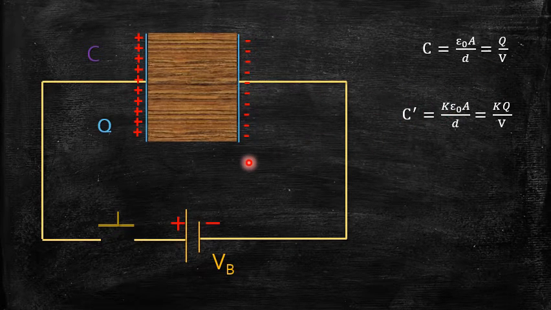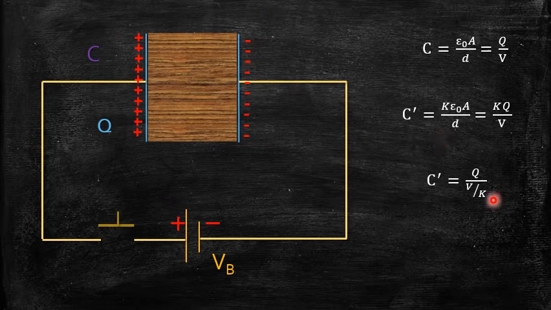Because now the battery is not there to deposit more charge, then what is the significance of the increased C value? So now we can say that if the battery is not connected, the potential will be reduced by K times. So when you have the battery connected and dielectric material is inserted, charge will be increased by K times, and if the battery is not connected, then potential will be reduced by K times. But in either case, you have capacitance increased by K times.